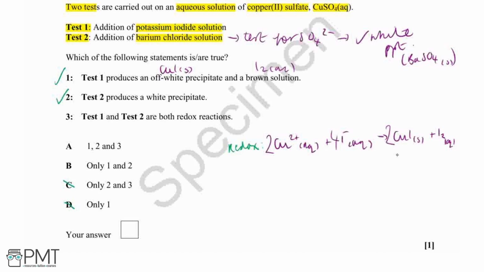So the last one to figure out is whether statement 3 is correct as well. So we've already said that our test 1 is a redox reaction, but let's have a think about whether test 2 is a redox reaction as well.